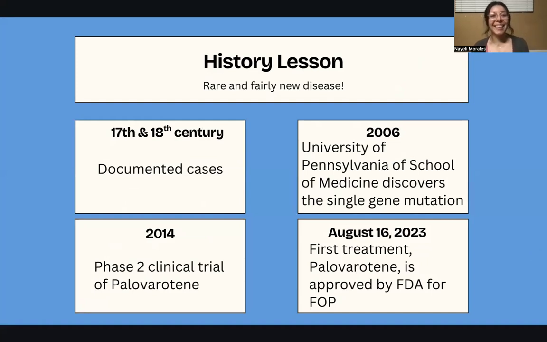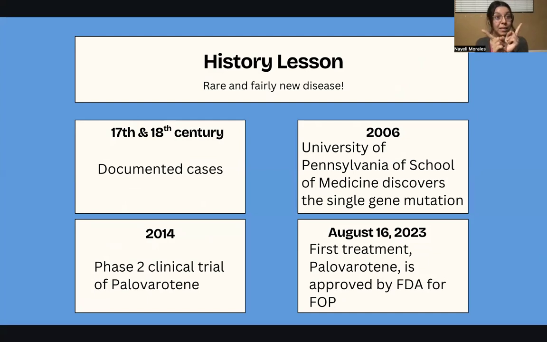Now, a history lesson. How was this discovered, right? So, in the 17th and 18th century, there were documented cases of this disease, but that's about it. There wasn't really a treatment or anything of that sort. In 2006, the University of Pennsylvania discovered the single gene mutation that we talked about earlier.